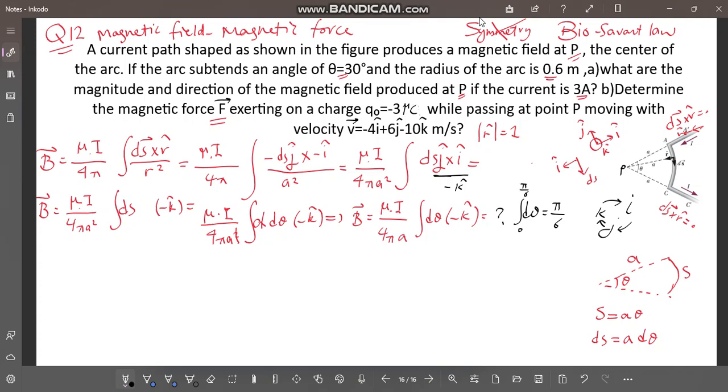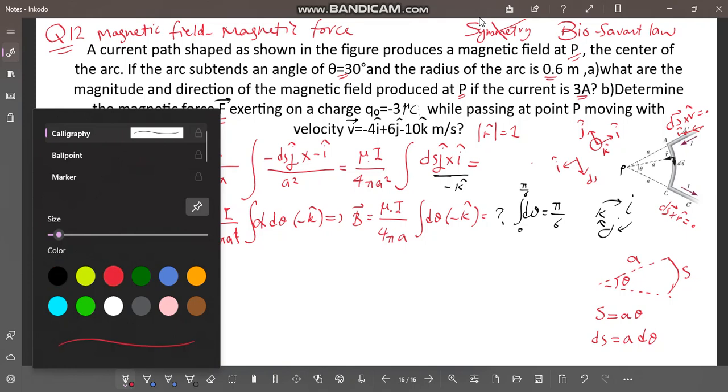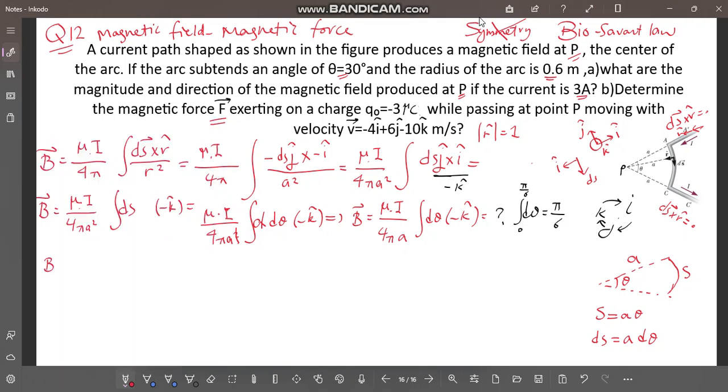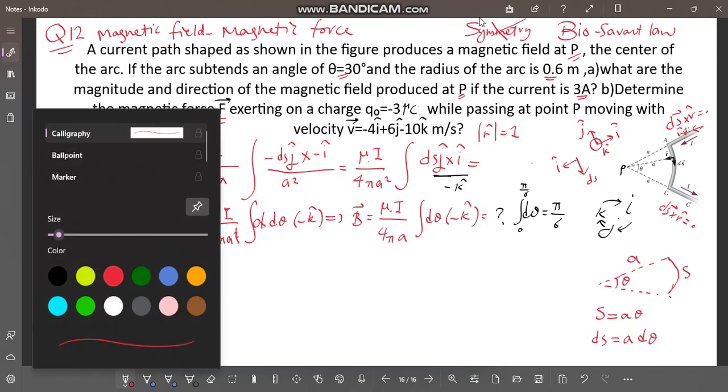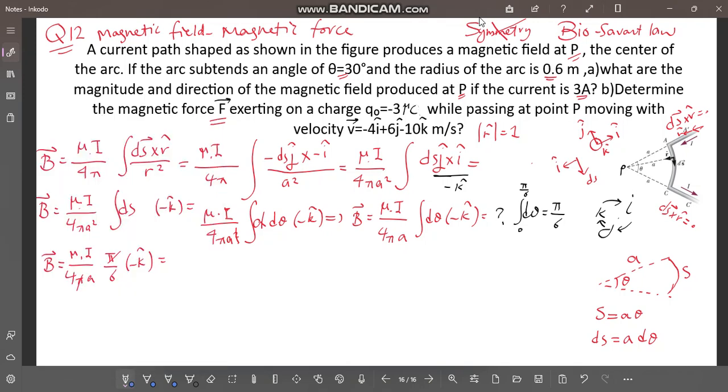Okay, so B is mu 0 I over 4 pi a, pi over 6, minus k hat. This pi can be cancelled, and also we can assume pi is 3.